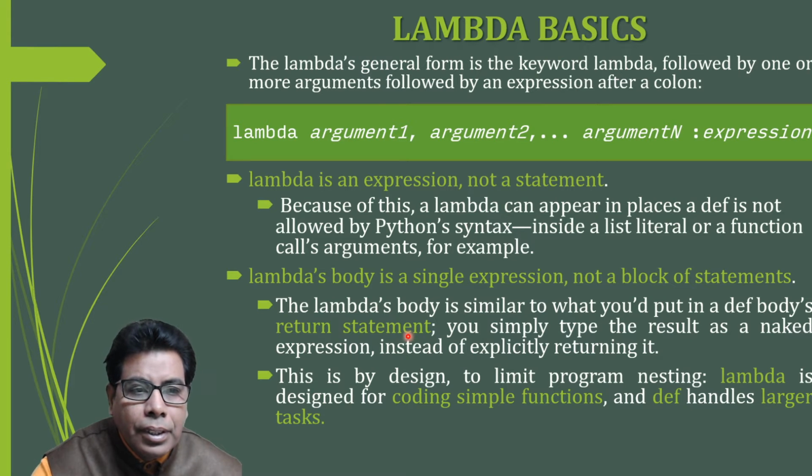That is the basic difference between the def and lambda function. This is by design to limit the program nesting. Lambda is designed for coding simple functions, whereas the def handles larger tasks. So you have to understand the difference between these two.